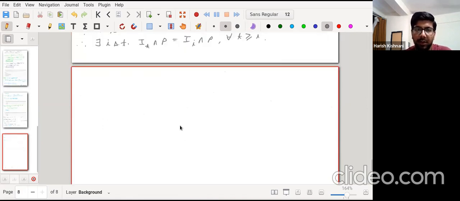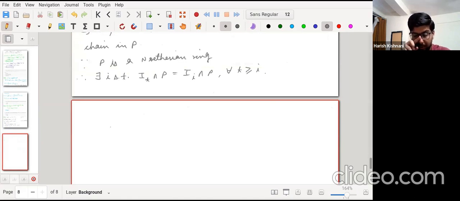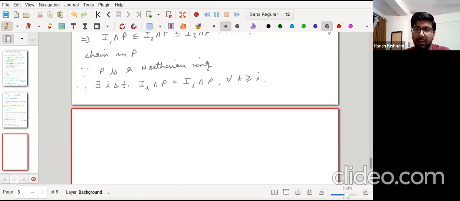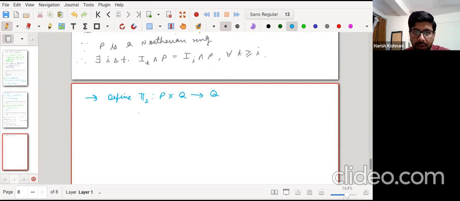Now here we have used the Noetherian property of P. We are also given that Q is Noetherian. So to use the Noetherian property of Q, define the projection map pi 2 from P cross Q to Q as simply the usual projection you might have seen. It is just sending an element (p, q) to q.